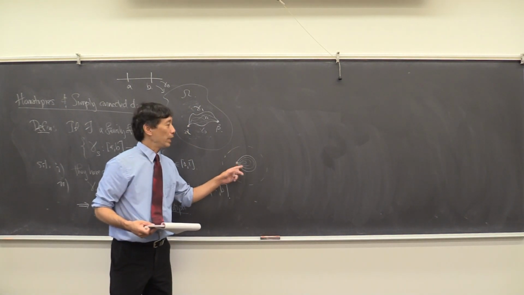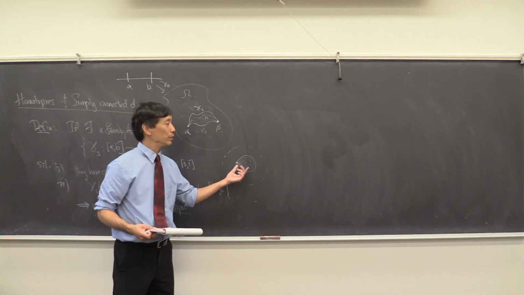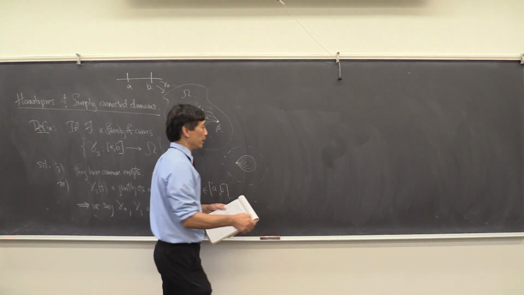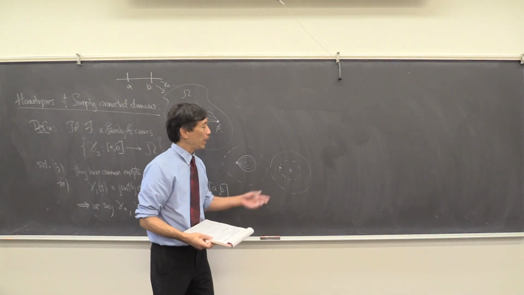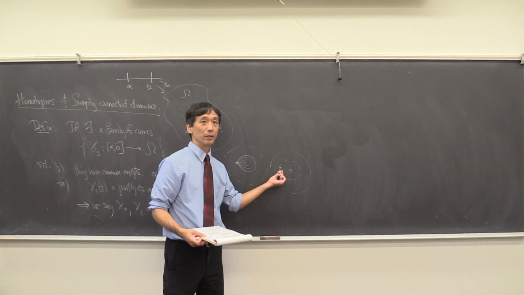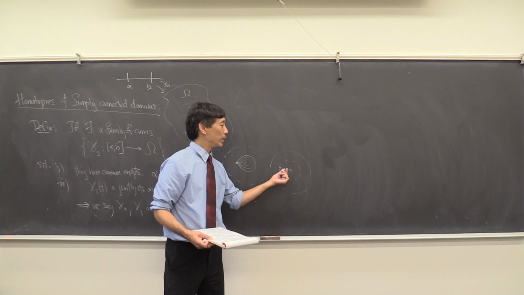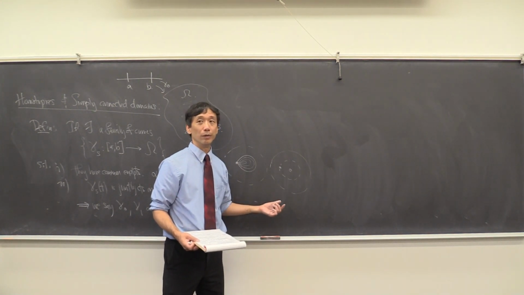I can shrink that curve down to a single point in a continuous way. But if my domain has a hole in it, and I look at a simple loop, I can't deform that curve into a constant point because you get caught on the hole.